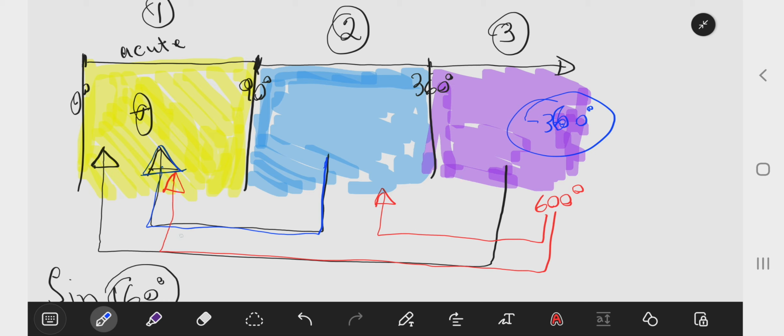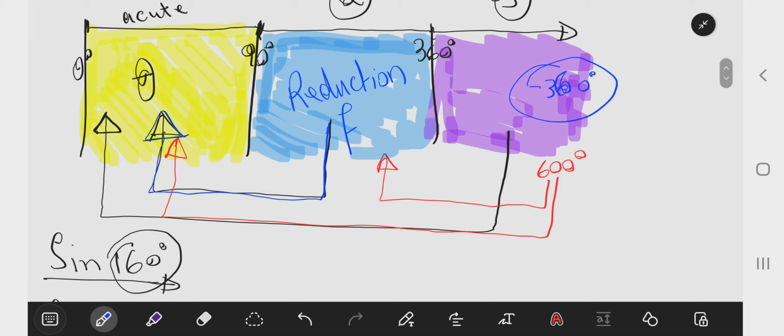In this case, you have to use what we call reduction formulas. Any angle which is in the second region, you have to reduce it using a reduction formula.